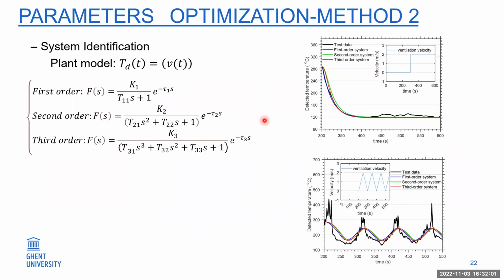And then the second optimization method we proposed is the system identification and genetic algorithm method. In this method, firstly, we need to model the plant, the relationship of the detected temperature as a function of ventilation velocity. Normally, the system identification method chooses the dead band and delay process.